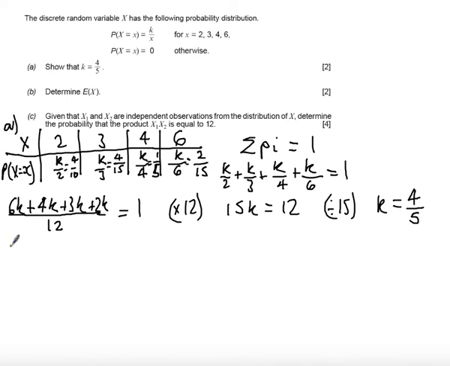So now, expectation of x. This is given as the x value times the probability. It's a summation for all values, so it's 2 times 4/10, which I could have really written as 2/5.